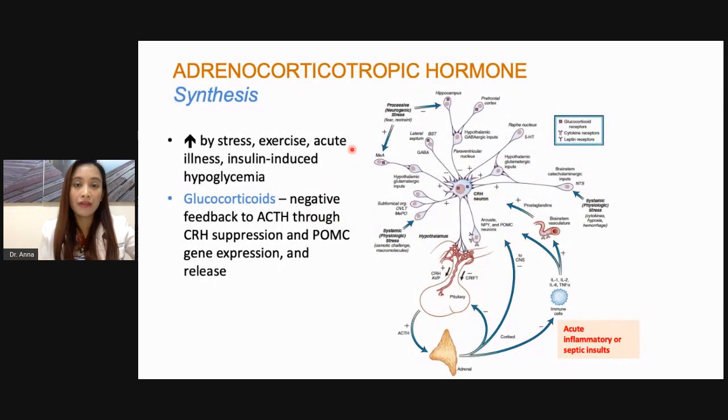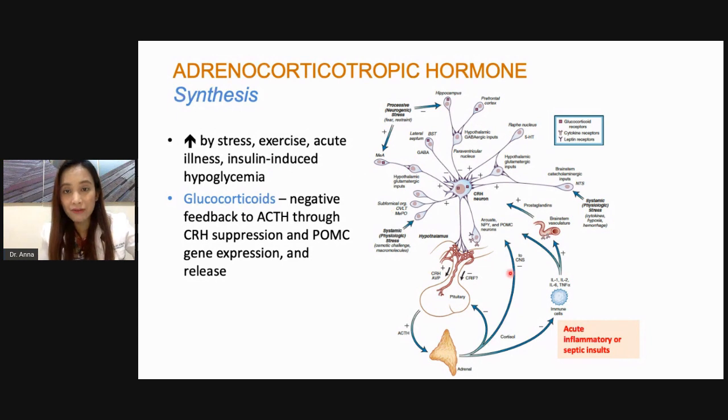I showed you earlier the hypothalamic-pituitary-adrenal axis. It looks simple, but it's actually more complicated than it appears. I showed you this very complex figure to show that the axis is affected by many things, particularly stress, acute exercise, acute illness, and even insulin-induced hypoglycemia.